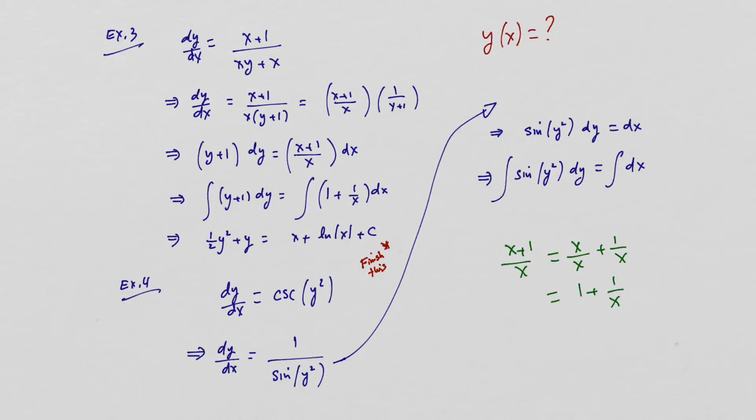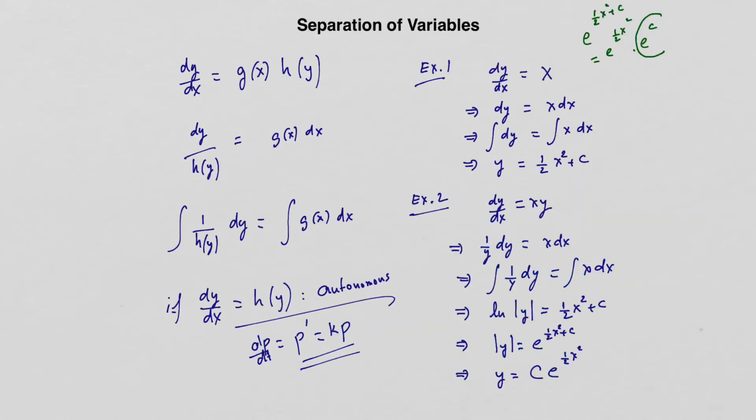A fourth example, this is an autonomous differential equation, as I mentioned earlier. This is basically h of y, isn't it? So it looks like if a differential equation only has g of x or h of y, it is a special case of the general one, this one, right?